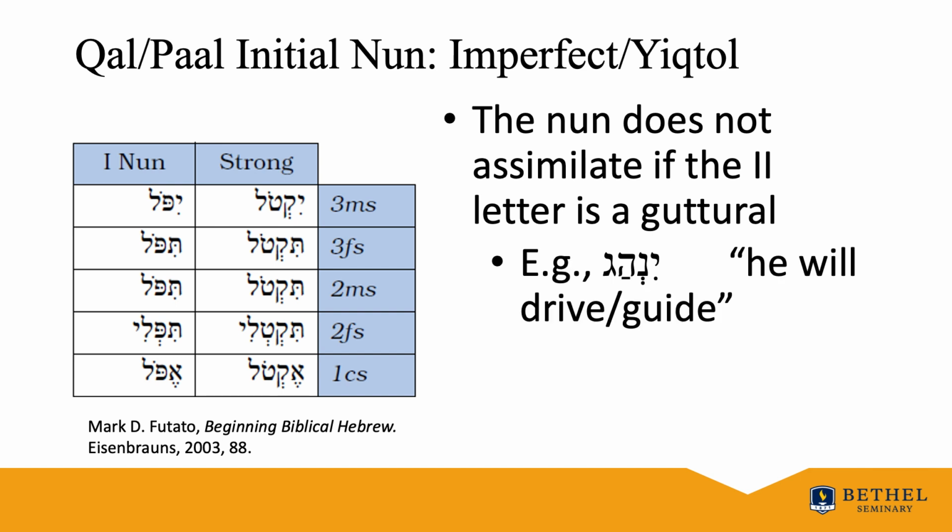So let's use the verb nahag as an example. Nahag means to guide or to lead. The second radical letter, hey, is a guttural. Because of this, we already know that even in its imperfect or yikto form, the first nun cannot assimilate into the second radical letter and become a dagesh. This is why, in these instances, the nun will remain, and we have yinhag as an example.